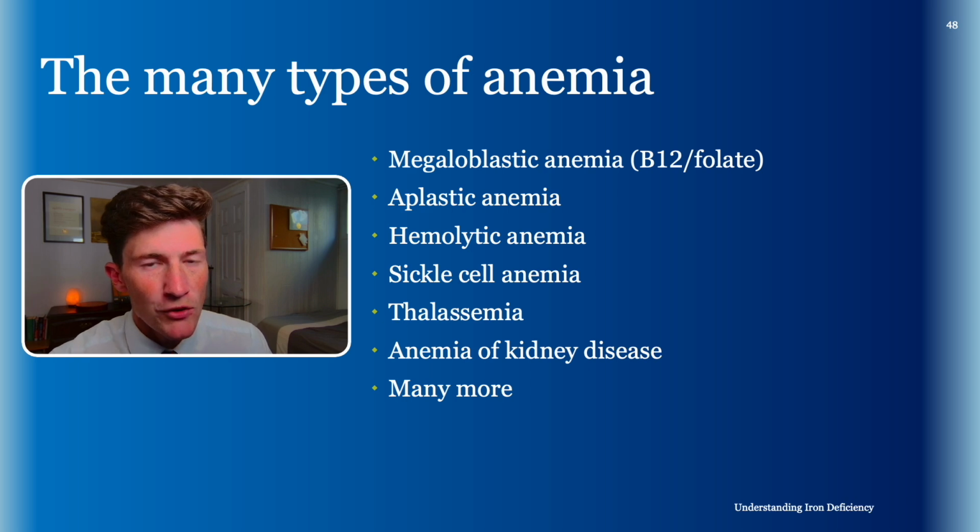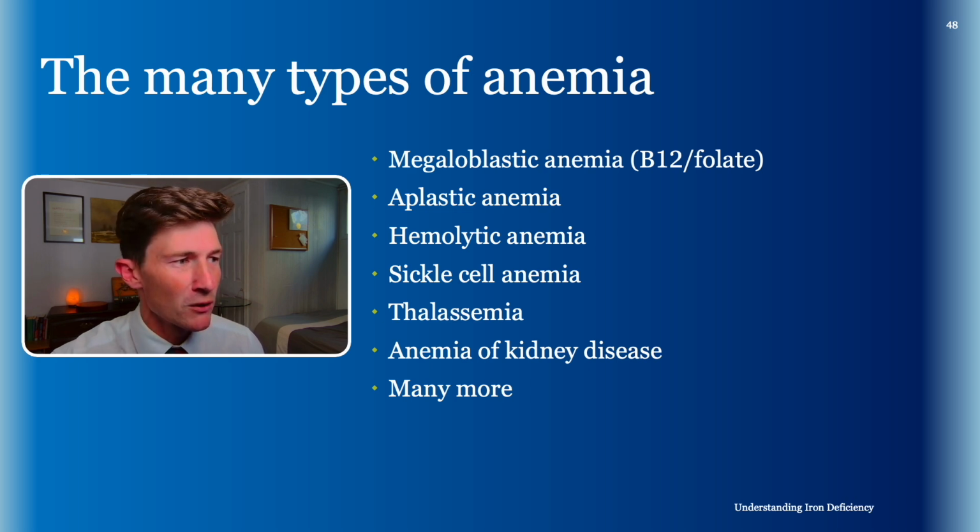So beyond iron deficiency anemia, there are many other types of anemias. Just to go over some of the more common ones, megaloblastic anemia is typically from a B12 or a folate deficiency, and that's where you have larger than normal hemoglobin, and it doesn't function as well. A lot of these have to do with the structure of the hemoglobin changing, and often that changes the structure of the red blood cells, and then the red blood cells can't operate properly and flow through the blood as well.